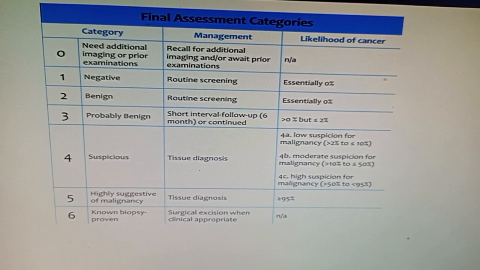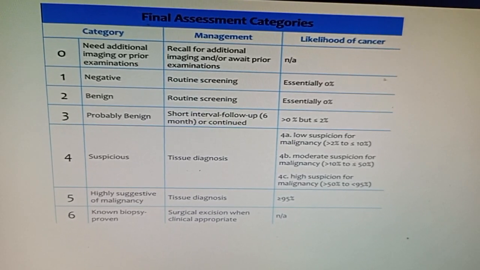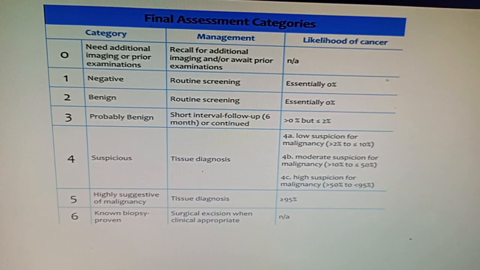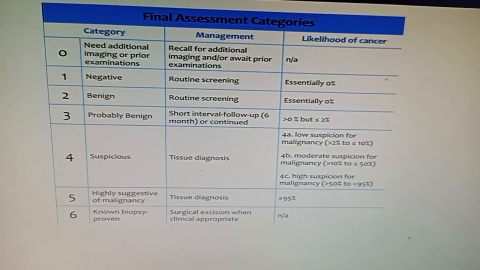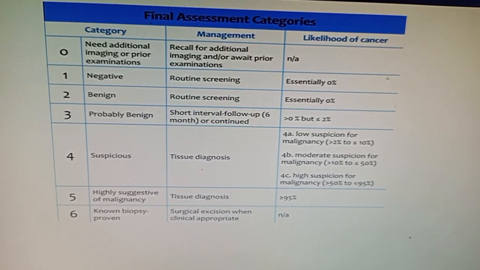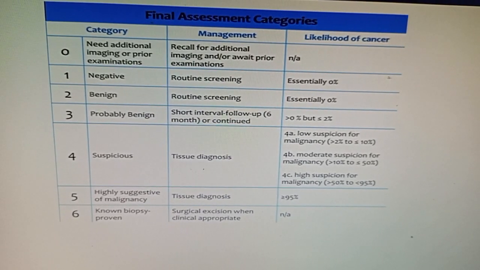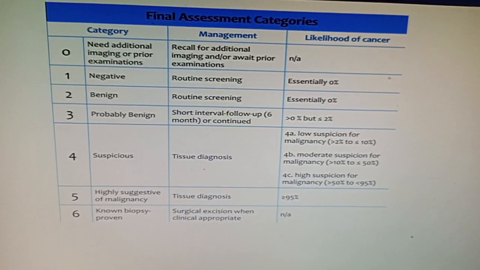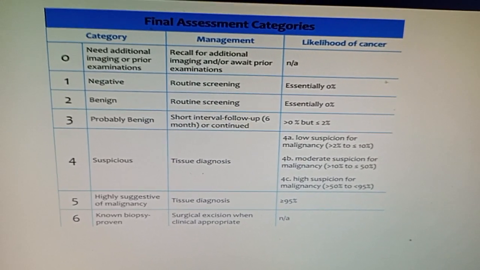Then there is BI-RADS 5, highly suggestive of malignancy. Next is BI-RADS 6, known biopsy proven case of the malignancy. Surgical excision is advised for this.